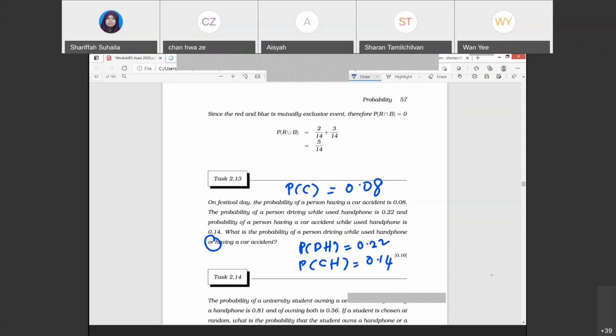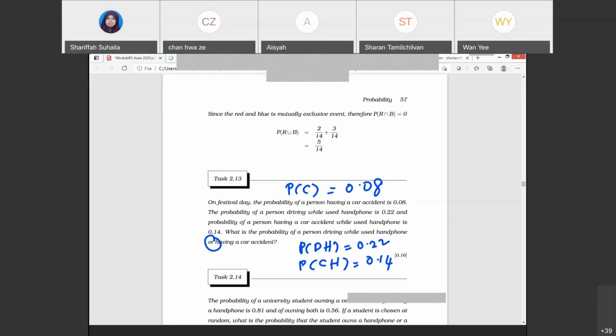Okay, you want to find the probability of a person driving while using handphone or having a car accident. So that means you have the probability of driving while using handphone, or having a car accident. If you want to write another symbol, you can use another symbol.